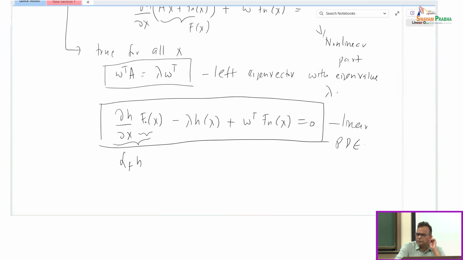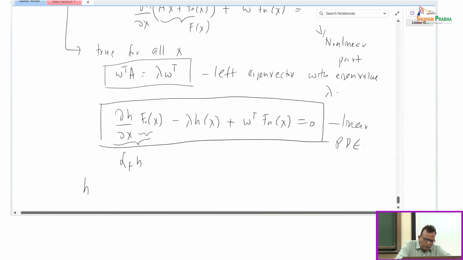And the solution of this PDE can be written down implicitly. So what is the solution of this PDE? For those who know anything about linear PDEs, there are various ways of solving them. One of the ways is the so-called method of characteristics. Using the method of characteristics, you can write down the solution. I want to know the value of h at point x.